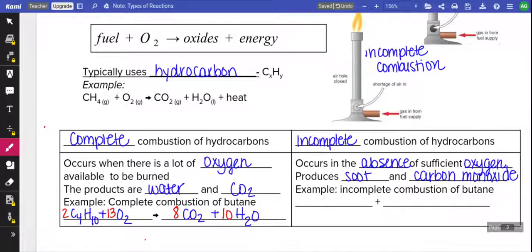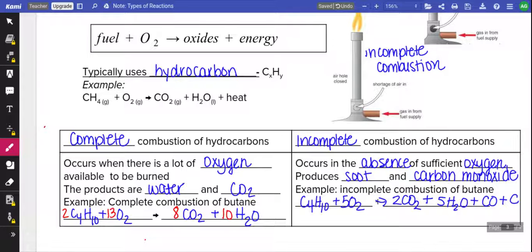If we take a look at the chemical formula for this reaction, same thing, we're using butane. We end up with C4H10 plus oxygen, and in this case we only have 5 oxygen, which as you notice is a lot fewer than 13. We're going to have 2 CO2 plus 5 water plus CO, carbon monoxide, plus carbon.